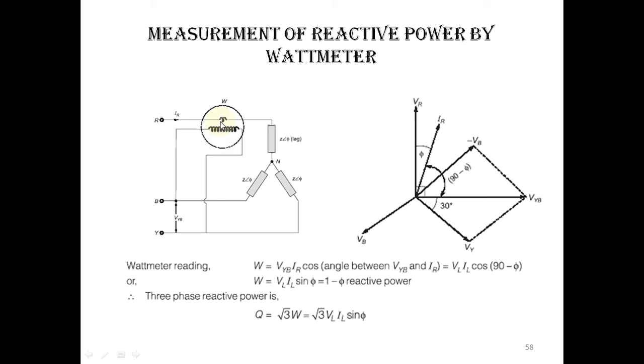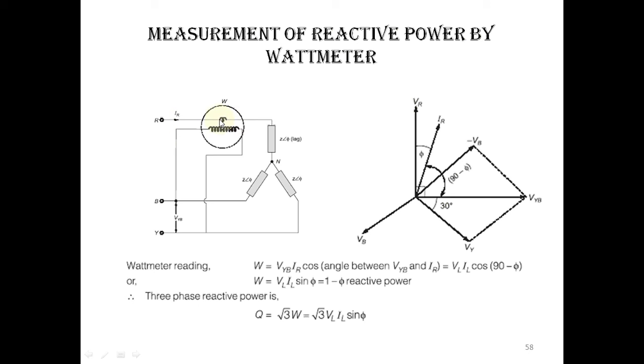Suppose there are 3 phases, R, Y and B. If there are 3 phases, you have 1 wattmeter. Place the current coil in any of the phases.